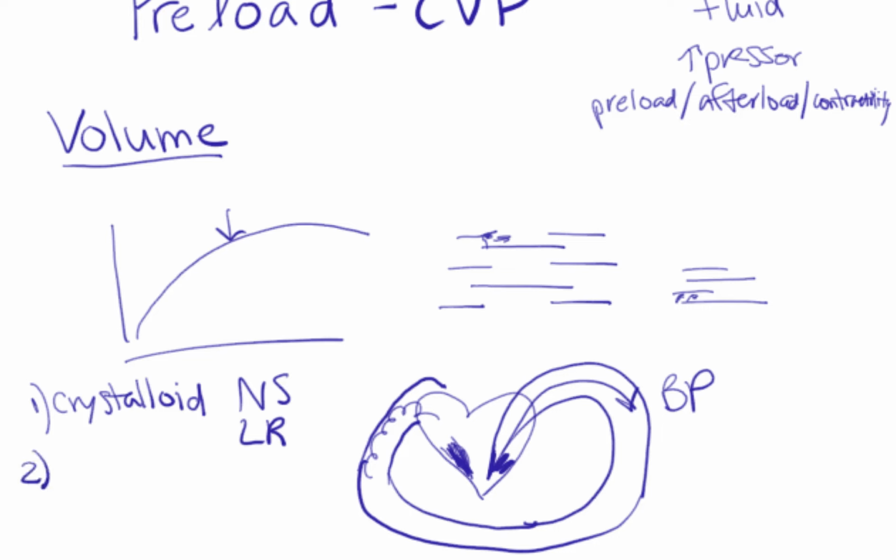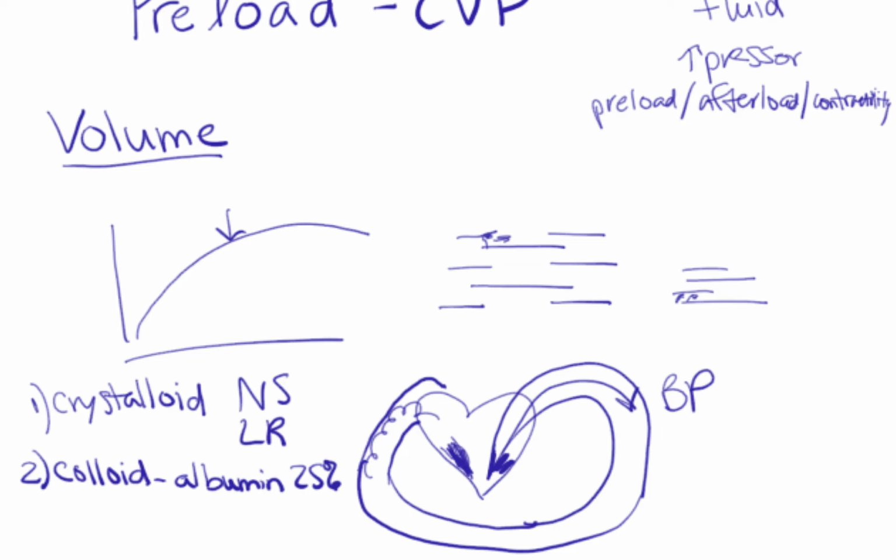In addition, we could give a colloid. So that's a solution like normal saline, but it has albumin added to it, or protein added to it, or some kind of substance that pulls fluid towards it. So albumin can come in 5% or 25%. And it's just saline with albumin protein inside of it.